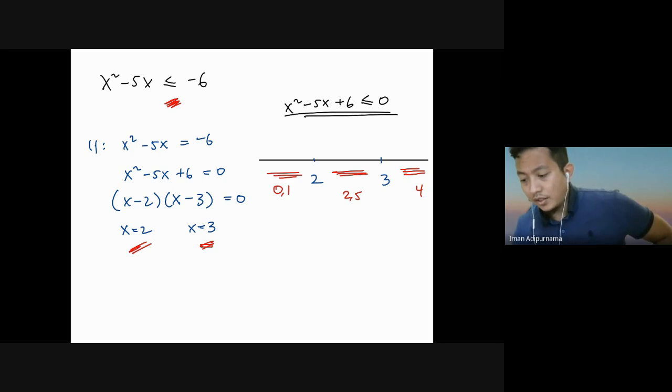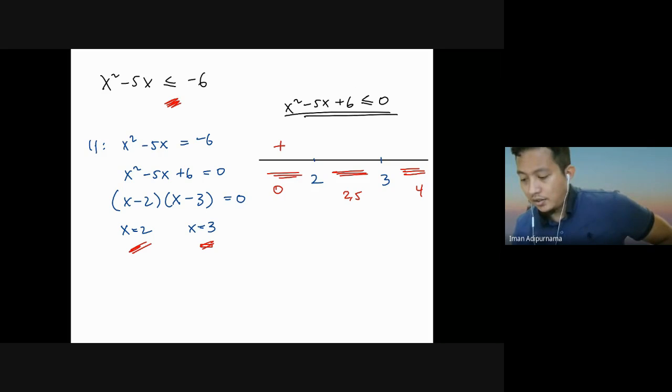So if you put 0 or 1, maybe just 0, I think it's easier. If you put 0, it becomes positive, right? You put 0 minus 0, so it's plus 6. It's positive, right?